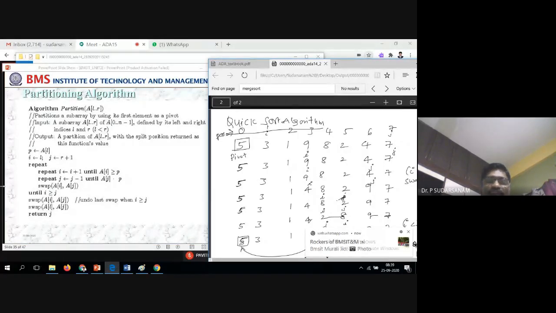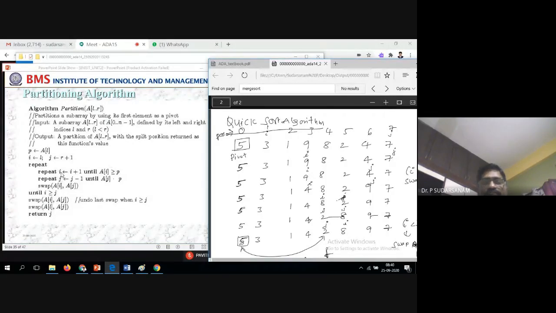Now repeat until, we have written the while condition. The while condition you will write in the examination. I'll tell you how to write the code when we do this. So what you have done is repeat and until, within the while loop, one more while loop.